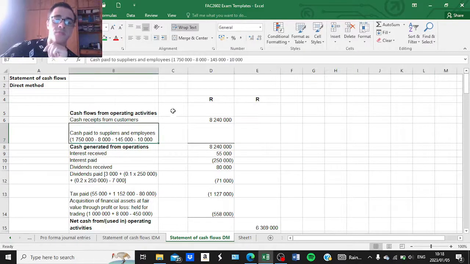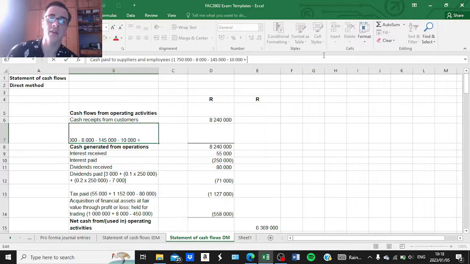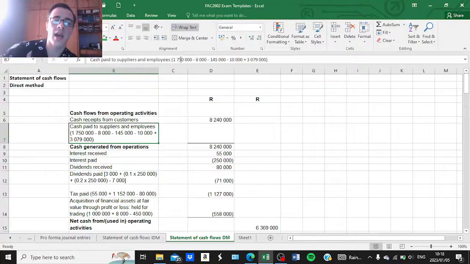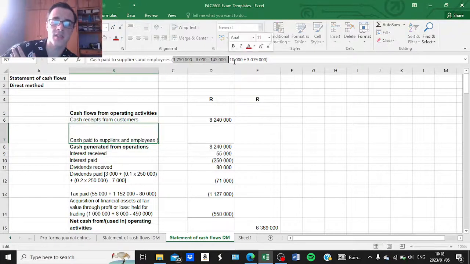So in your cash paid to suppliers and employees line, you will need to add 3,079,000, which we have calculated in our general ledger account. Right? So 3,079,000, and we have already considered the other expenses after removing the non-cash flow expenses.